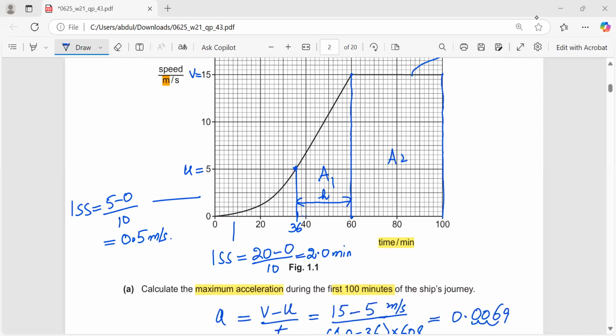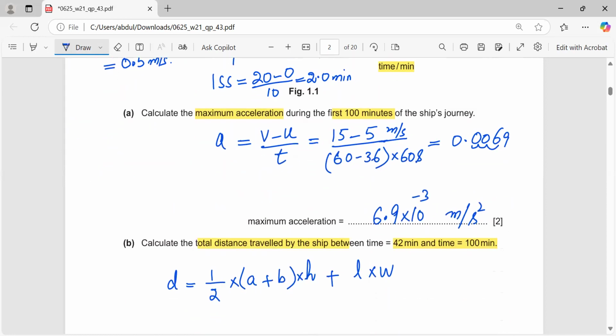So this is 24. a is equal to 5 and b is equal to 15. h is also with us. Similarly, for this rectangle, one side is 15, the other side is 100 minus 60, so that is equal to 40 minutes. Now we will start solving.